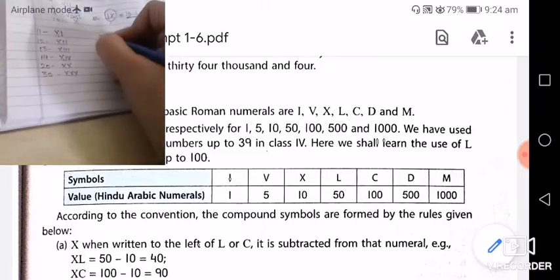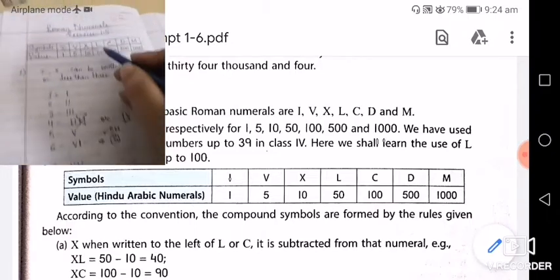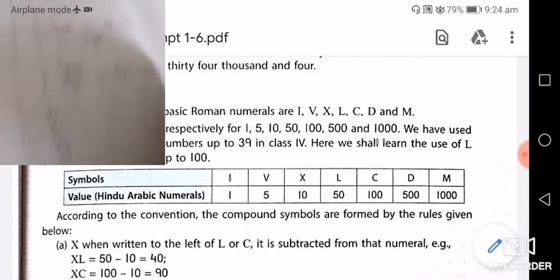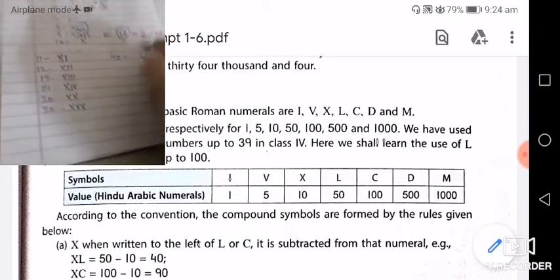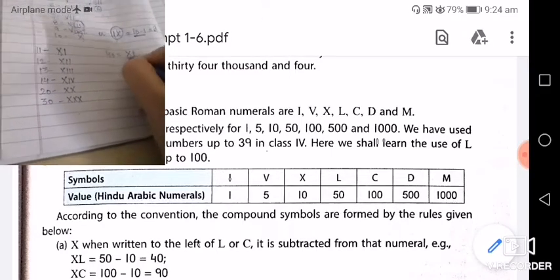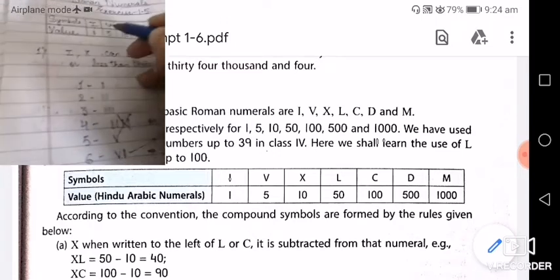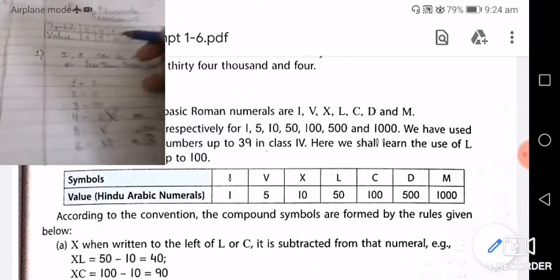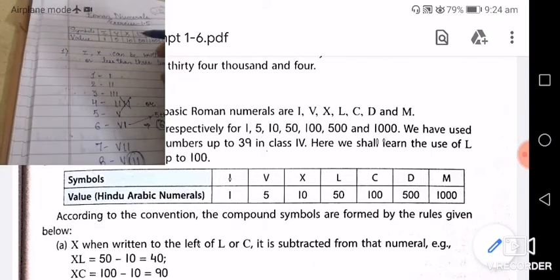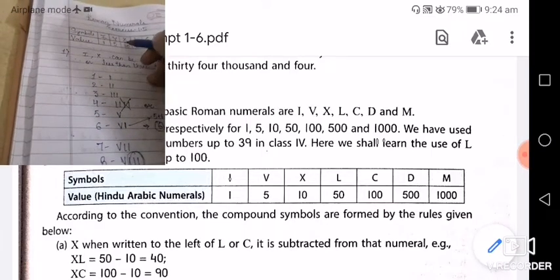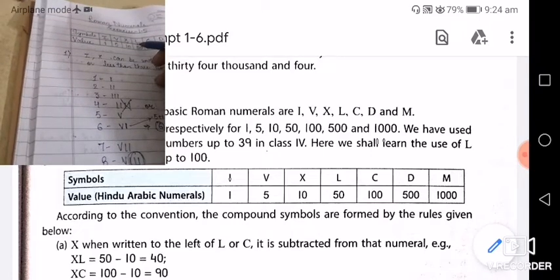So for writing 40, what will be the symbol? For 50 we have L. So out of 50 when we subtract X, now here X can be subtracted from L. But I and V are smaller than X. That's why we will not subtract I and V from L. So only X can be subtracted from L. Rest other numbers will be added to it.